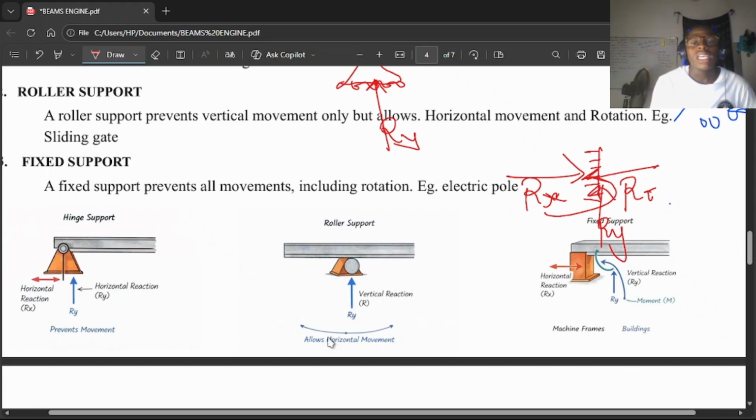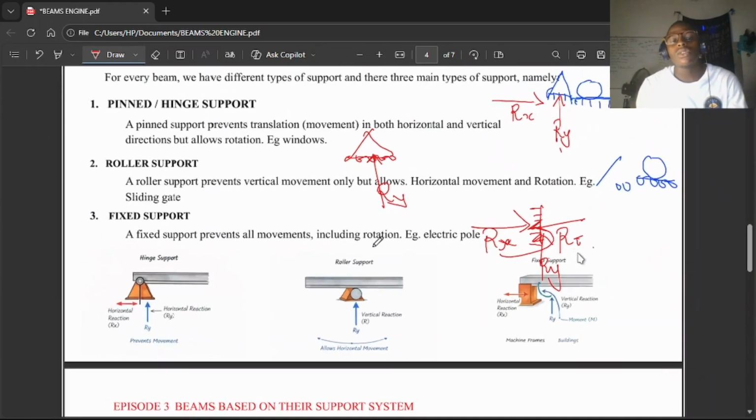It allows horizontal movement, so we are going to have your vertical reaction. The next thing is your fixed support, which is this. For your fixed support, you are seeing your horizontal, your vertical, and your rotation, the one due to rotation. Am I communicating?